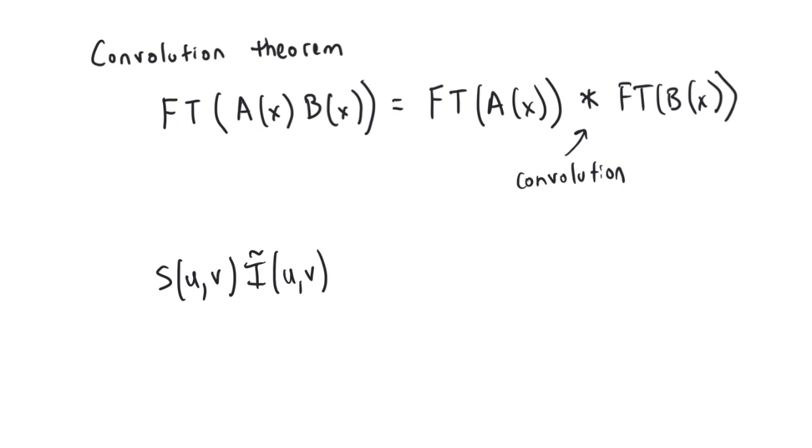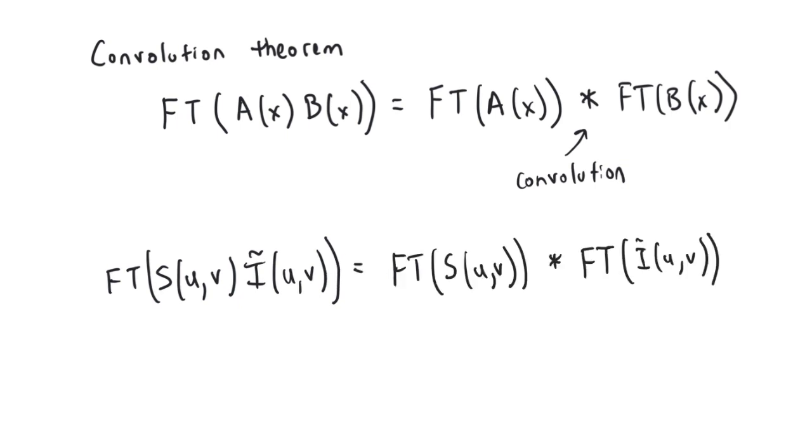If we try and do that to our sampled Fourier transform of the sky, however, meaning we try and take the Fourier transform of the product of these two functions, well, the convolution theorem says that what we get is the convolution of the two Fourier transforms of the two functions. This second one, the Fourier transform of I tilde, is what we want. That's our image of the sky.